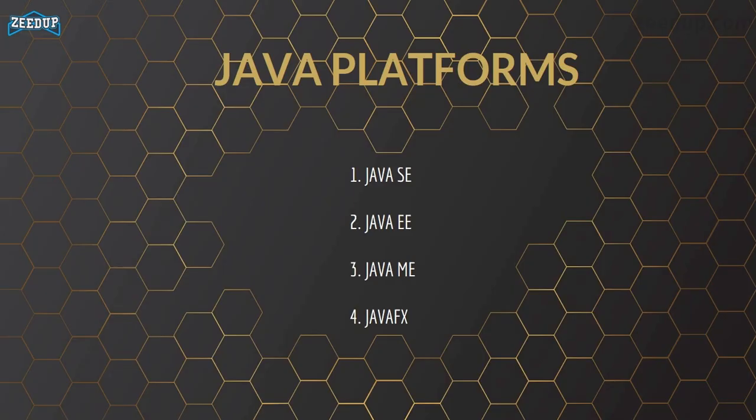So now we will understand about the different platforms or Java editions. There are 4 main platforms or Java editions, each having a specific purpose. The first one is Java SE, or the Java Standard Edition.